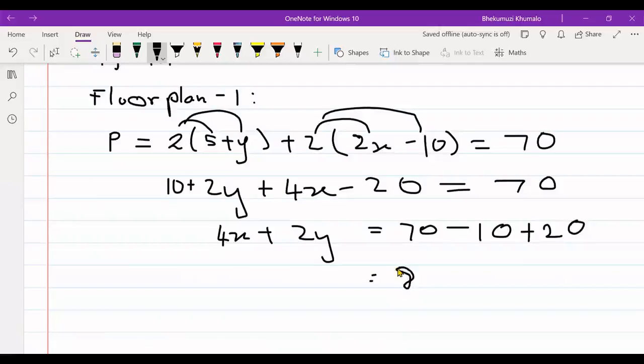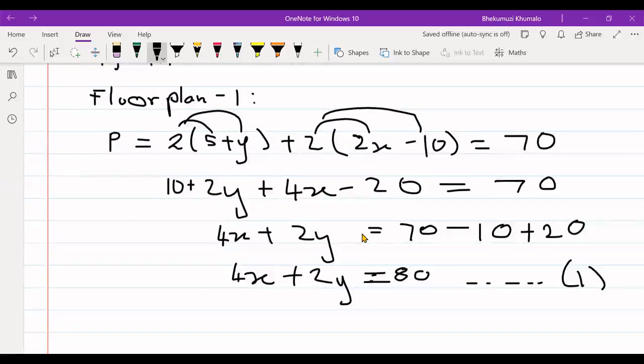So this is just 80 at the end of the day. Not 800, 80. And this is 4x plus 2y. Okay, that's good enough. So that's equals to 80. And that you could say is our first equation, right?